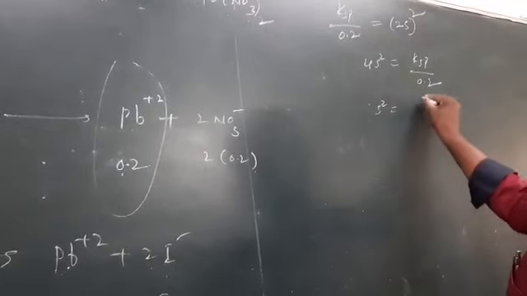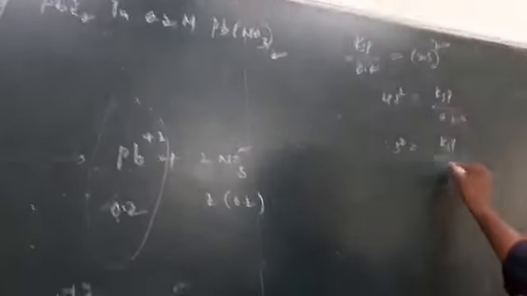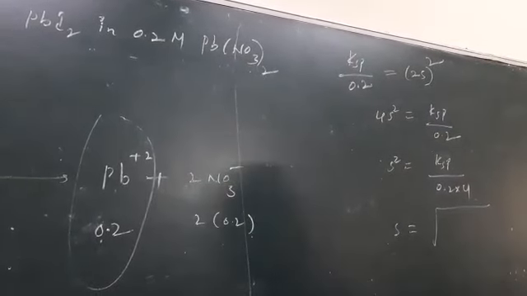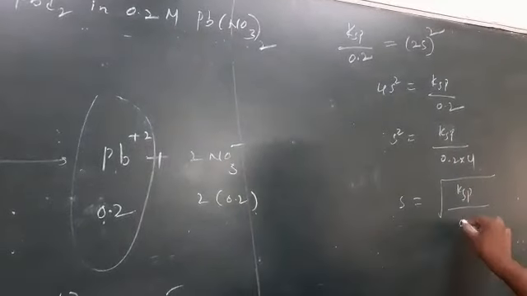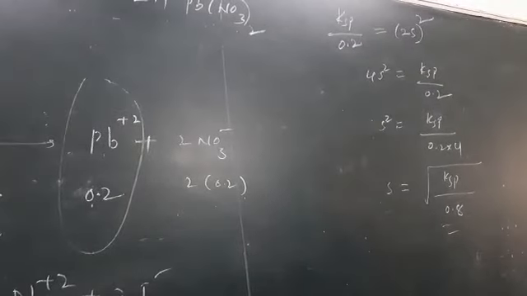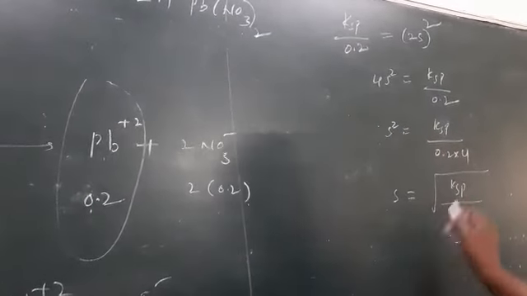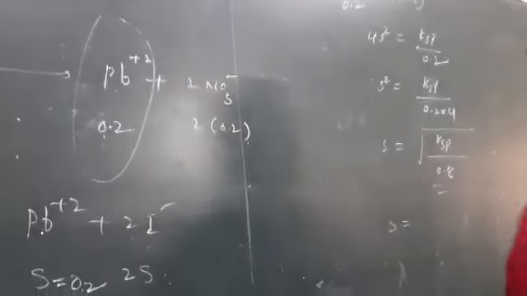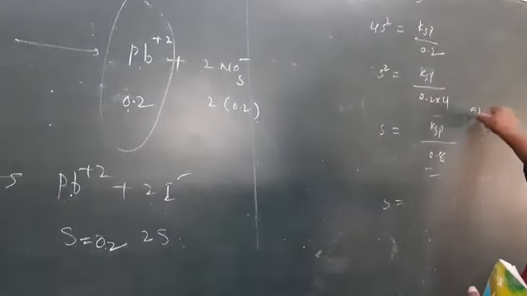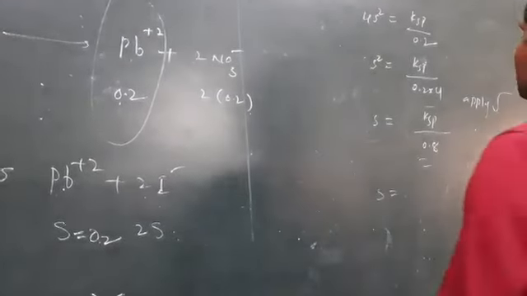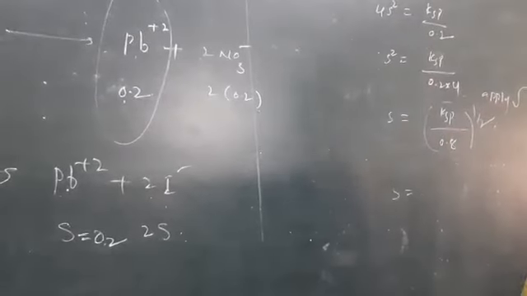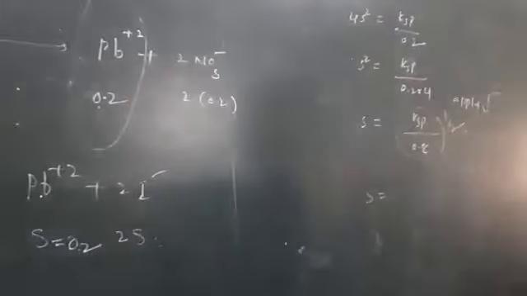Now S square equals Ksp by 0.2 into 4, so S equals under root Ksp by 0.8. Otherwise, apply square root on both sides, it becomes half, and the square root cancels. This is also the answer, so this is the solubility.